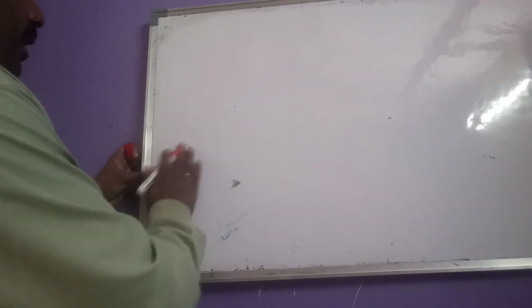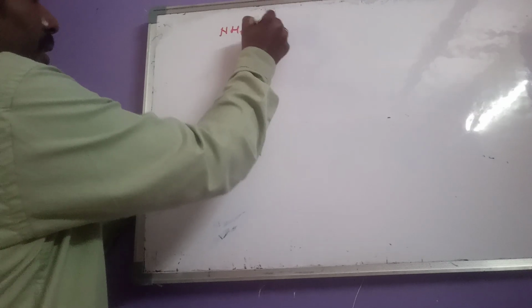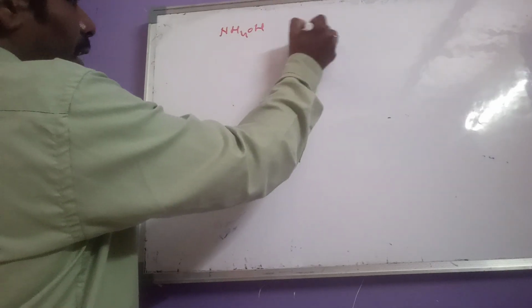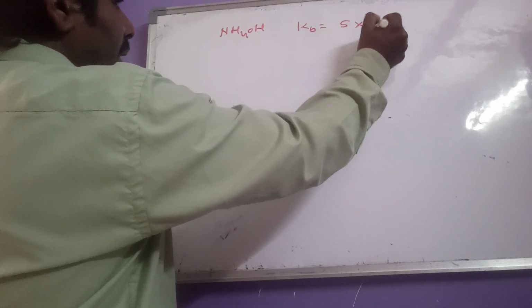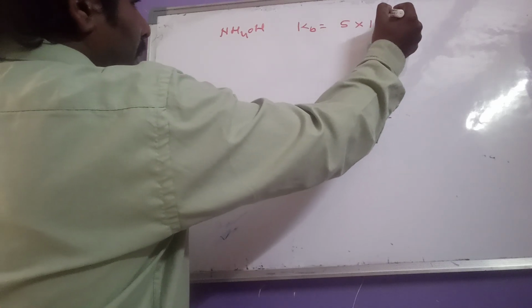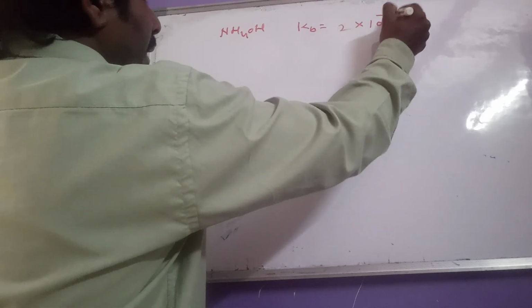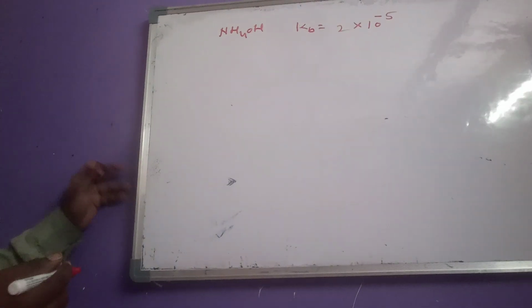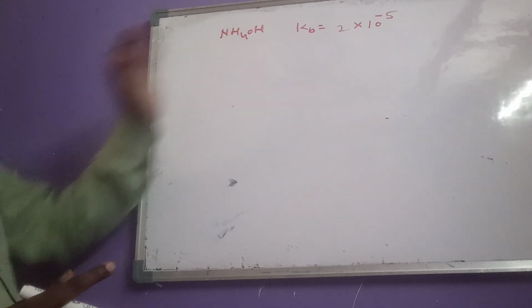What is that question? For example, if you consider NH4OH, its Kb value I will give here. Let us consider the Kb value as 2 into 10 power minus 5, not the pKb value.